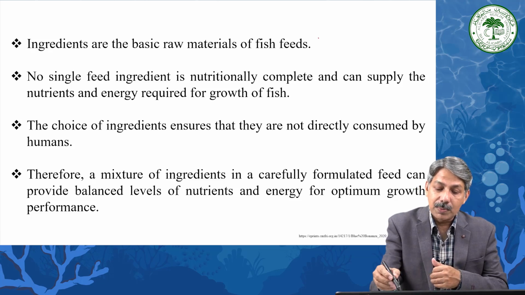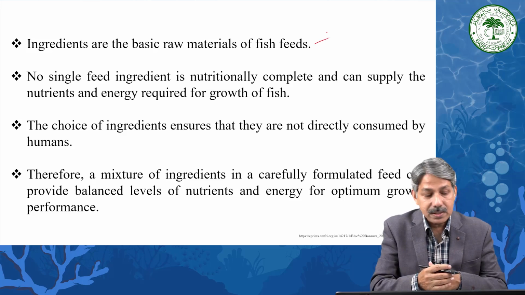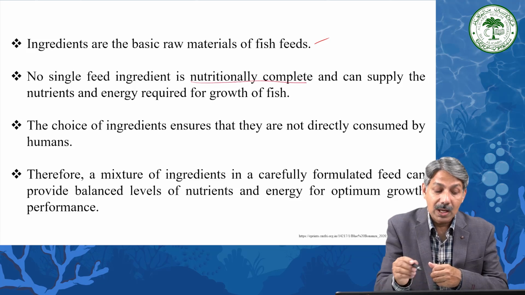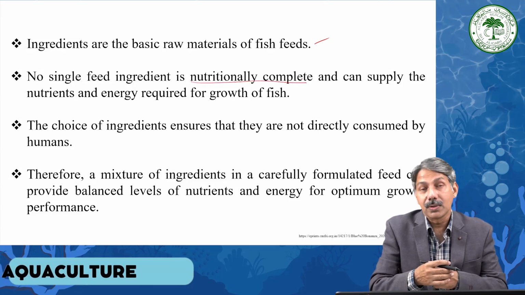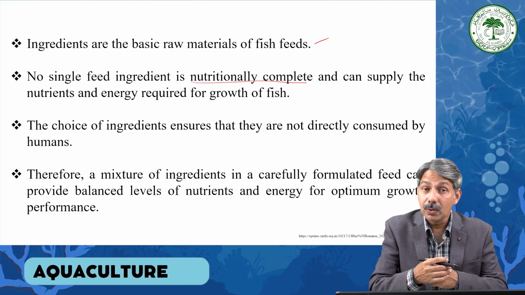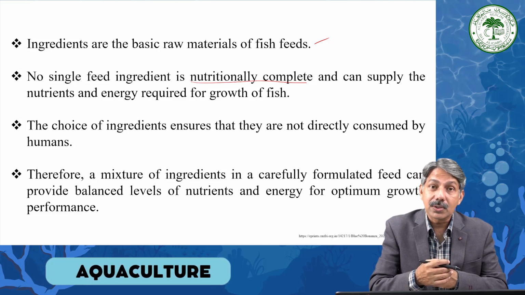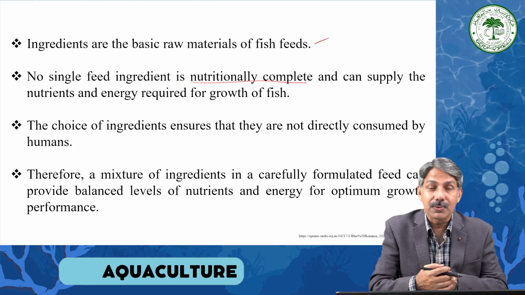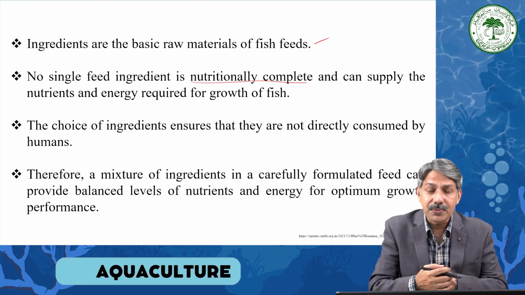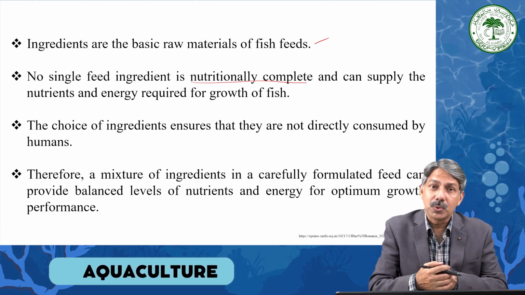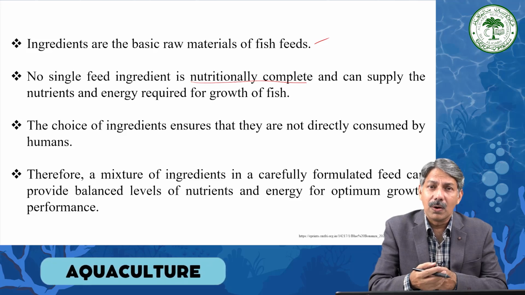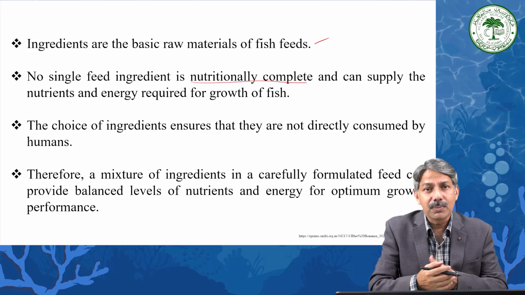Ingredients are the basic raw materials of fish feeds that we have just discussed. No single feed ingredient is nutritionally complete and can supply the nutrients and energy required for growth of the fish. It's not that only one feed ingredient is enough. Say, for example, I have seen some fish farmers who just use either rice bran or wheat bran, or maybe whatever else is available at their place.